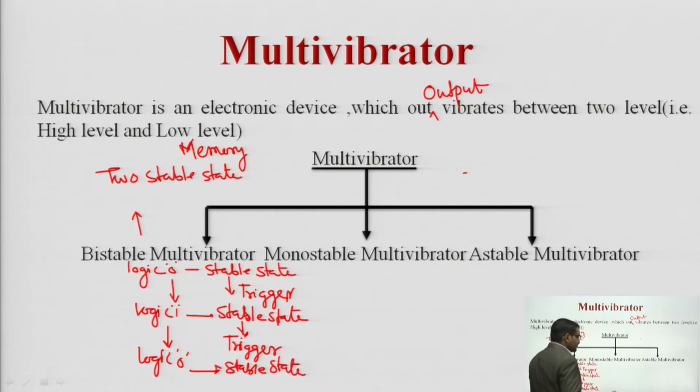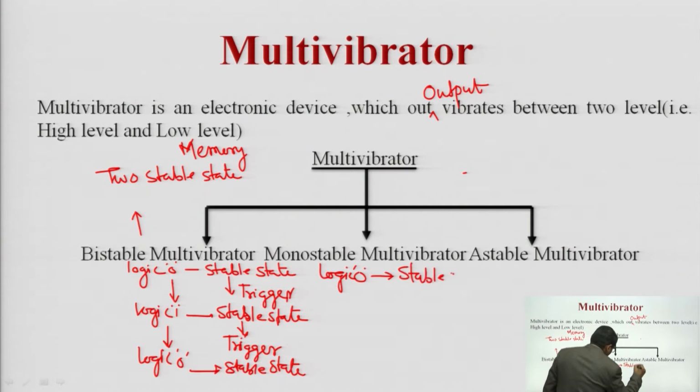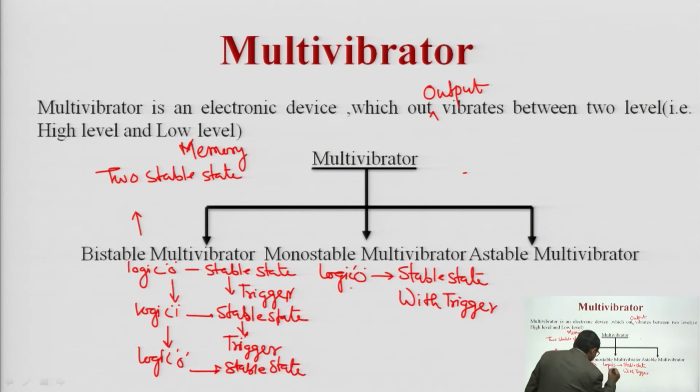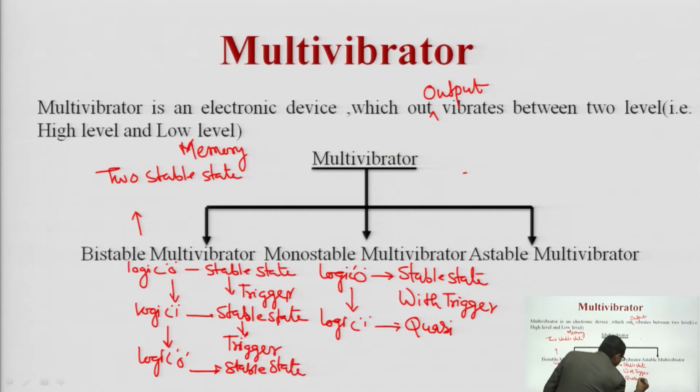Now the next category is monostable. Considering the same as before, logic 0 is the stable state. Now with a trigger, we give some input and the output jumps to logic 1, and let us suppose that logic 1 is a quasi-stable state.